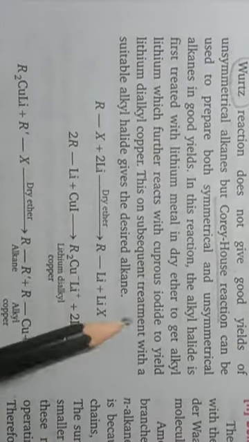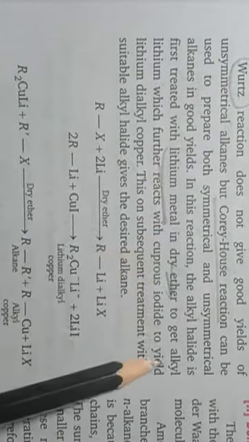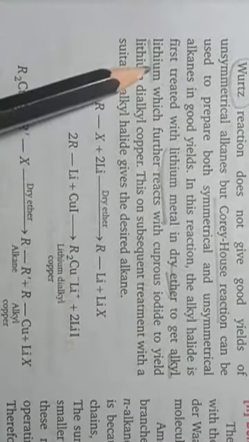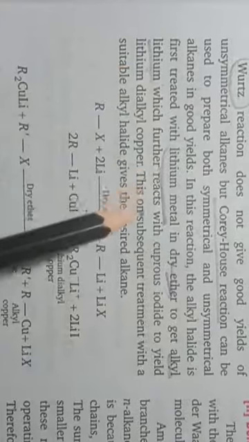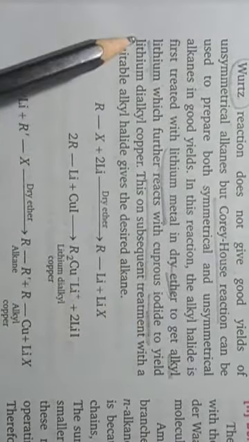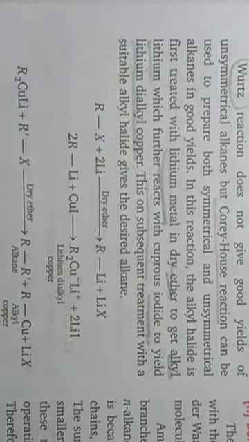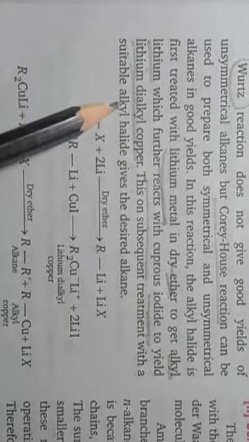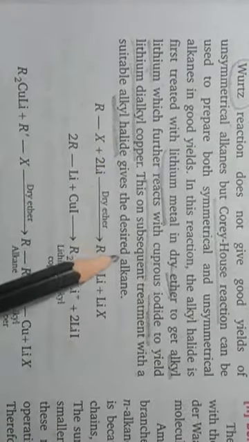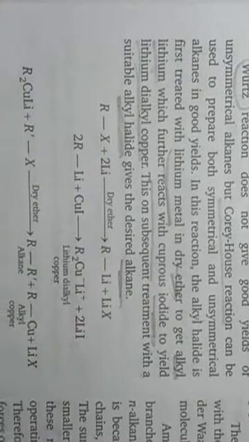Okay students, in this reaction, alkyl halide is first treated with lithium metal in dry ether, and due to this, alkyl lithium is obtained. Now this alkyl lithium further reacts with cuprous iodide to yield lithium dialkyl copper, and this lithium dialkyl copper is treated with a suitable alkyl halide, and after this the particular alkane is formed.